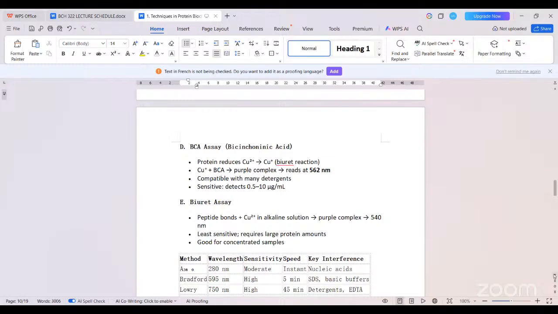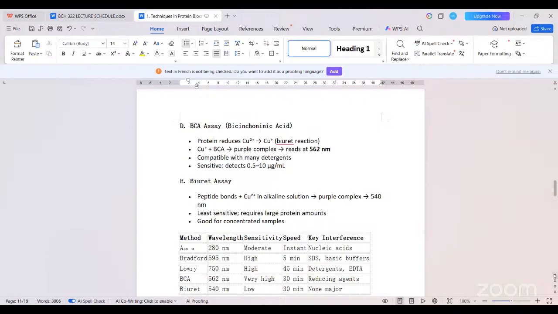The Biuret assay is the reaction of a protein with copper ion in an alkaline solution, and a purple complex shows the presence of protein, and the quantity can be calculated when the sample is run under the spectrophotometer at 540 nanometers.